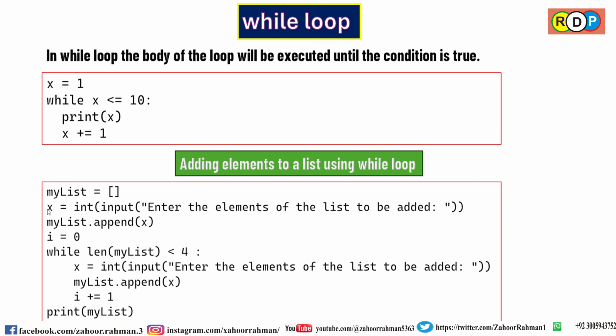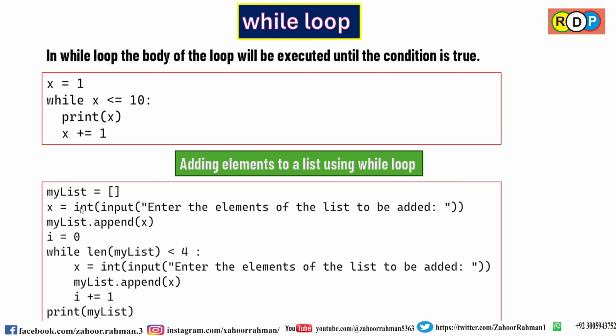Whatever value you are entering, I want to add this to the list. So my list dot append x. Append means to enter at the end of the list. So first value will be added manually, and other values I want to add through the while loop.